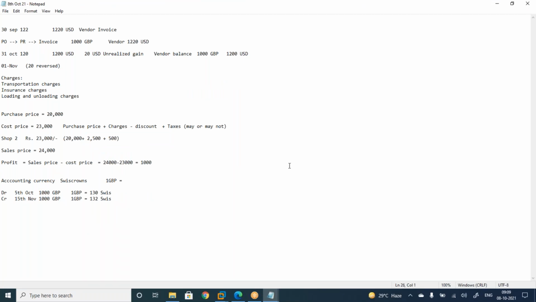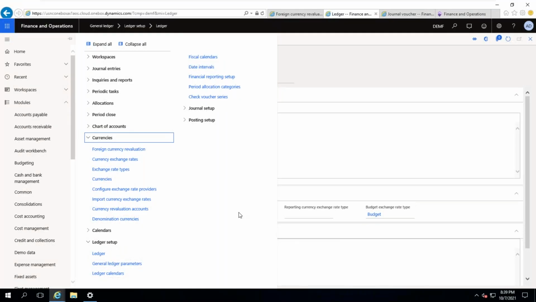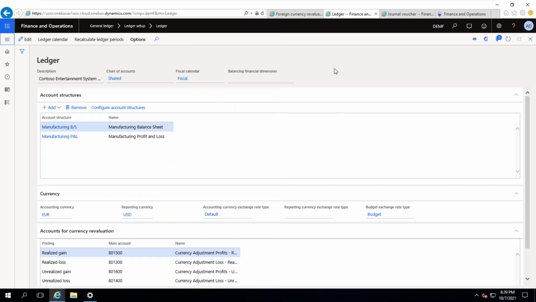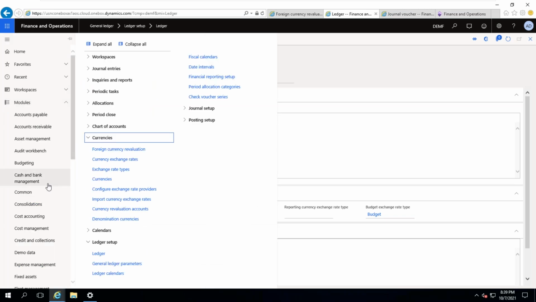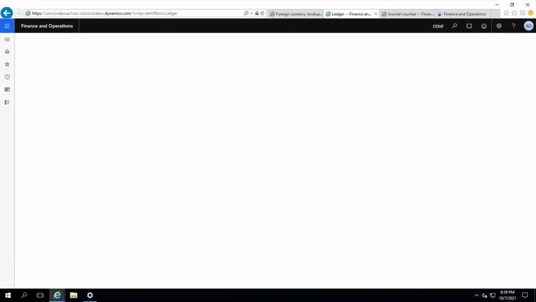Sir, what is bank currency, sir? Sorry? Which one? What is bank currency? Where are you referring? No, sir. I mean to say, what is bank currency? Bank currency means for the bank account, whatever the currency is there, that is bank currency. For the bank, you can map the currency.